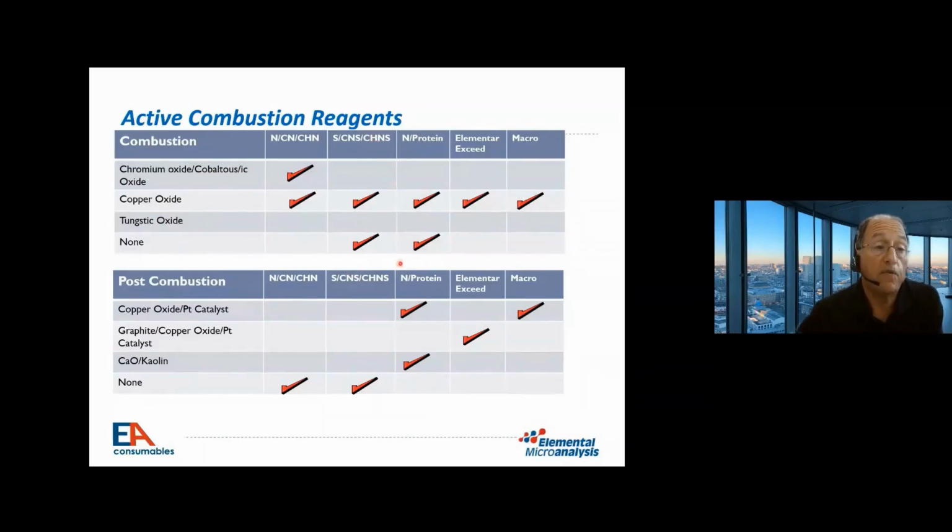In the case of sulfur or protein, some analyzers don't use any here. But in the case of protein or macro analyzers, a second combustion tube is used called post-combustion, in which some manufacturers will add a platinized catalyst or graphite. So many different options are available.